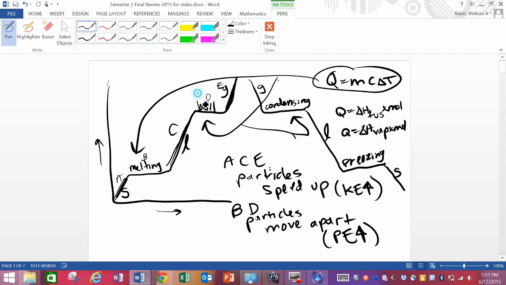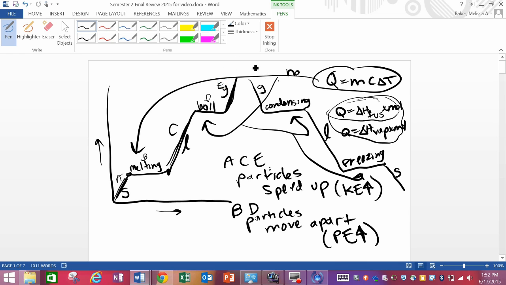You cannot use them at these points. And that's because there is no temperature change from 0 degrees to 0 degrees. If you plugged a 0 into this equation for delta T, the answer would just say 0 energy, and that's not true.